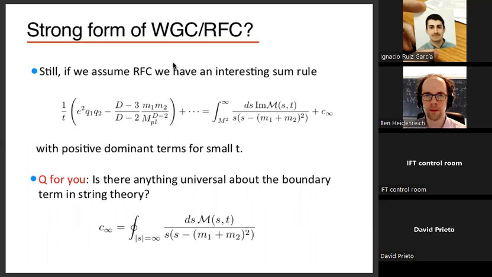If we just want to put them charged under some global symmetry, can we say something about this sort of integral where we only divide by a few powers of the center of mass energy? Is there anything universal? For instance, is the sign of this thing universal in string theories? I think in a general theory, we don't know what this is. It's just a big question mark. But maybe a way to go about it is to just look at some examples.